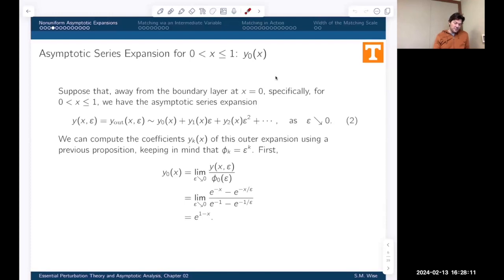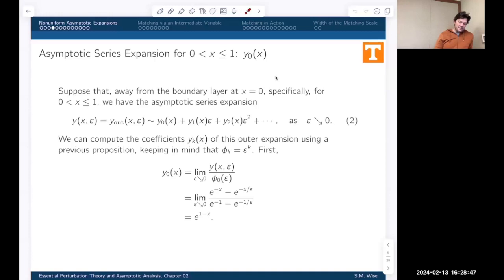In fact, we showed that y0 of x has to be equal to the limit as epsilon goes to 0 of the solution, the analytic representation of it, divided by the 0th order asymptotic function, phi 0. Phi 0 in this case is just 1, so we're dividing by 1, essentially taking the limit of the original function as epsilon goes to 0.